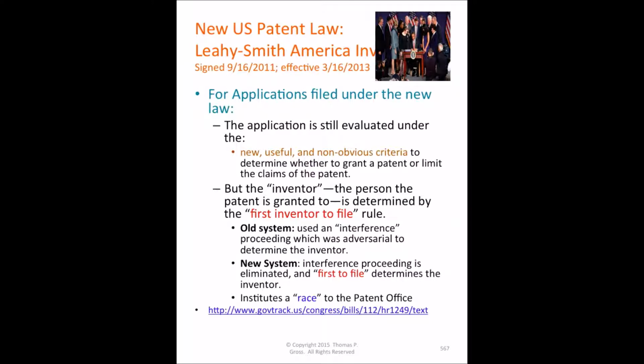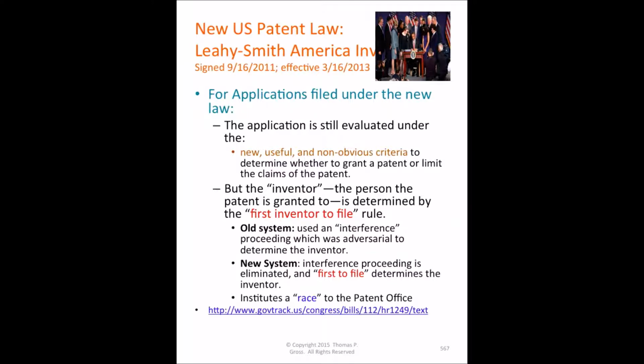The invention of the laser was a classic case for that. Gordon Gould claimed he was the first to invent the laser, and he had to fight it out with Charles Townes, who was a professor in the United States. They had to determine who was the first to invent.